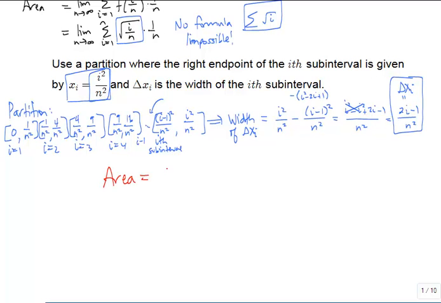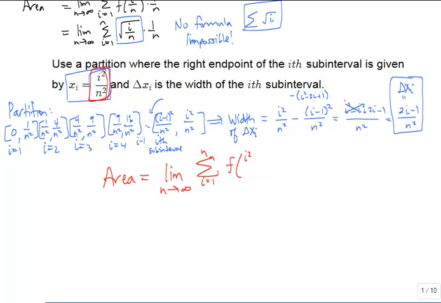The area is going to be the limit as n goes to infinity, that's what turns it into the exact area, of the sum from 1 to n. These are going to generate our n different rectangles, and we want the heights of our rectangles to be determined by the function at this right endpoint.